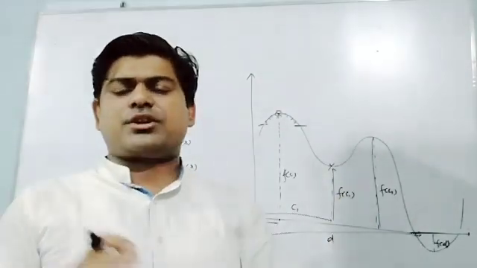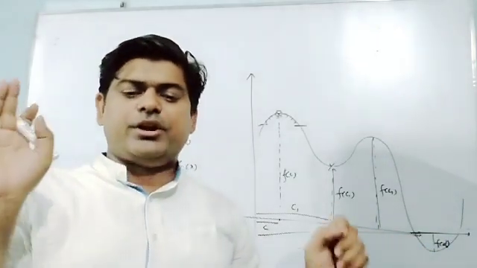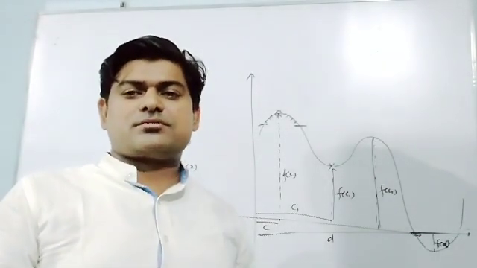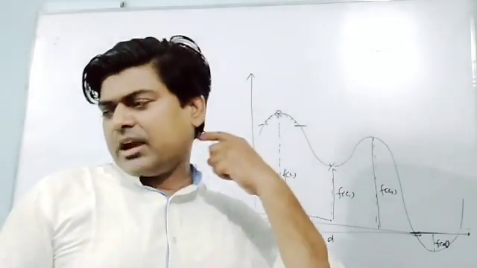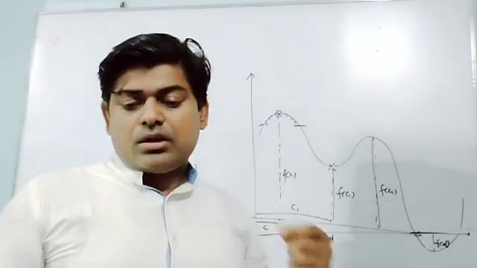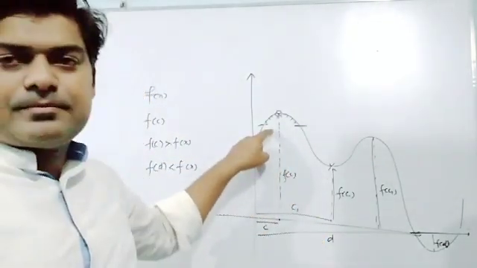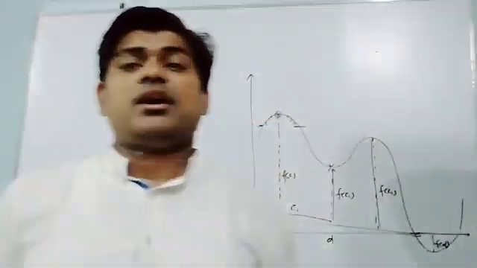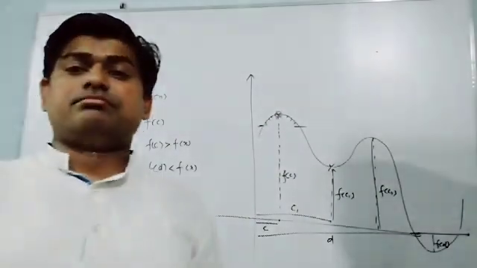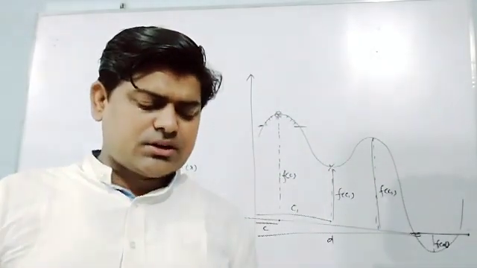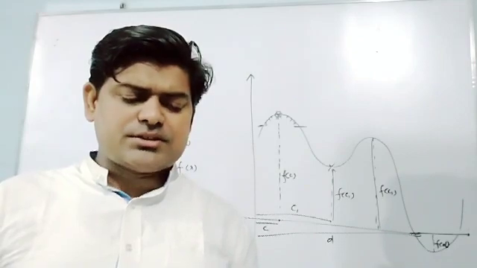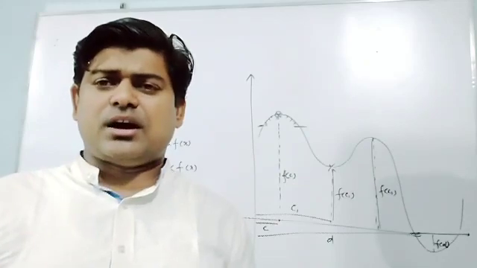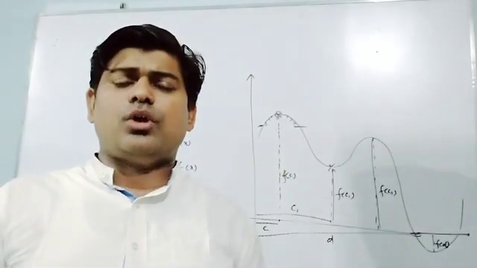So these are some basic things: what is the maxima and what is the minima. Now the main point is how we can find these for a given function. And one more thing, as I told you, we will take the value of x as c, and f(c) is more than f(x), where x can be any other value except c.